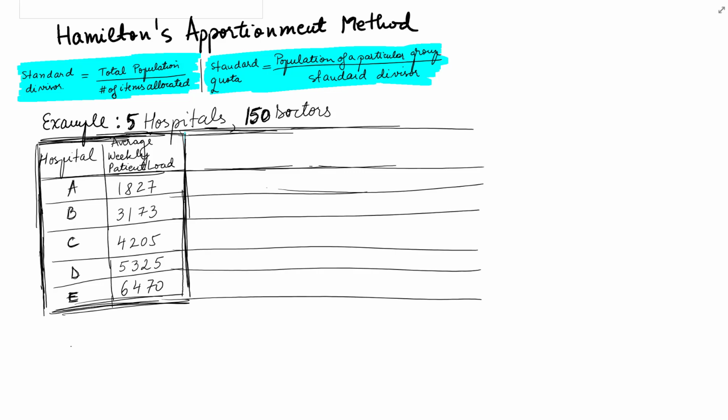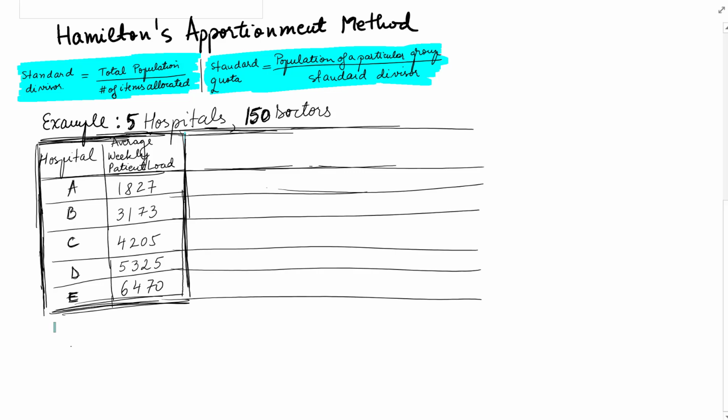And the reason is, if we look in the table, the average weekly patient load is different for each hospital. So it would not be fair to have the same amount of doctors for a patient load of 1,827 like it is in hospital A, and the same amount for 6,470 patients, which is in hospital E.